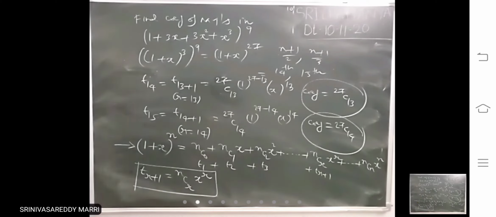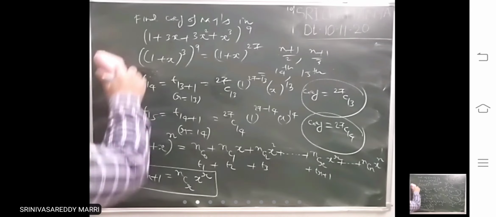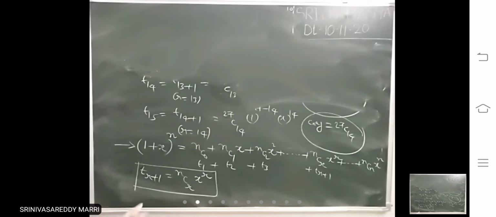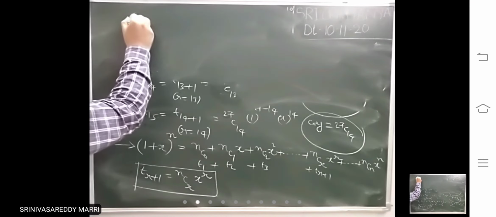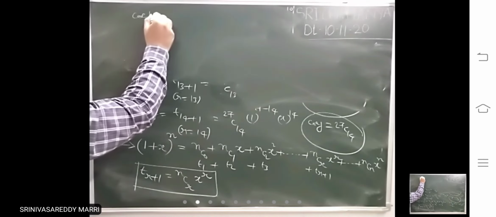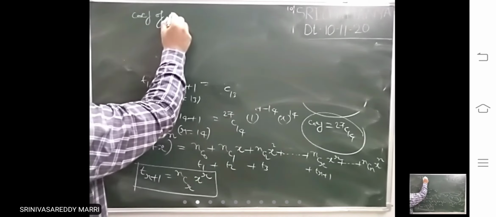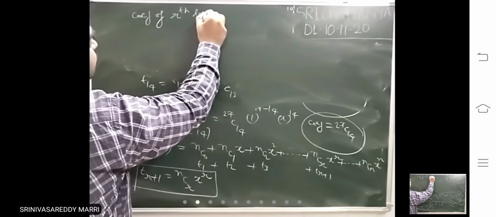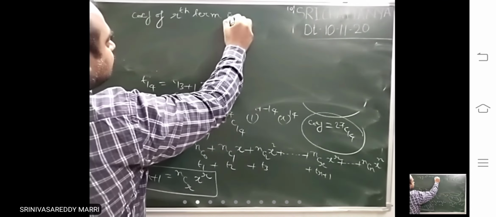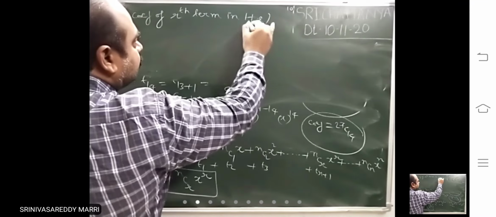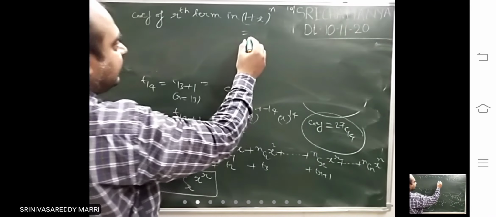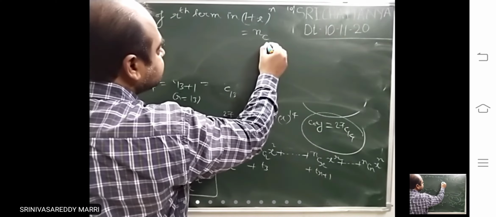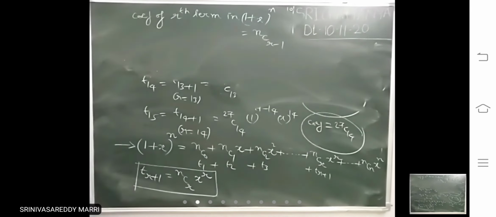Now two formulas must be remembered as time-saving formulas. First, the coefficient of the rth term in (1 + x) whole power n is nC(r-1).